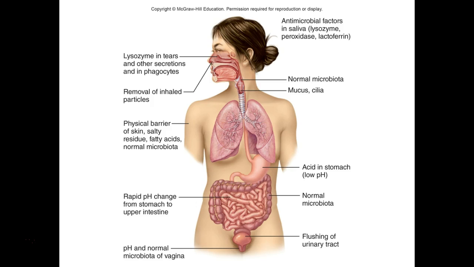So things in our saliva, lysozyme, peroxidase, lactoferrin, these all serve purposes to impede microbial growth in these substances. Our tears, we definitely don't want microorganisms living in our eye socket. You're continually bathing your eyes, and then you also have the mechanical action of your eyelids continually cleaning the surface of your eyes.